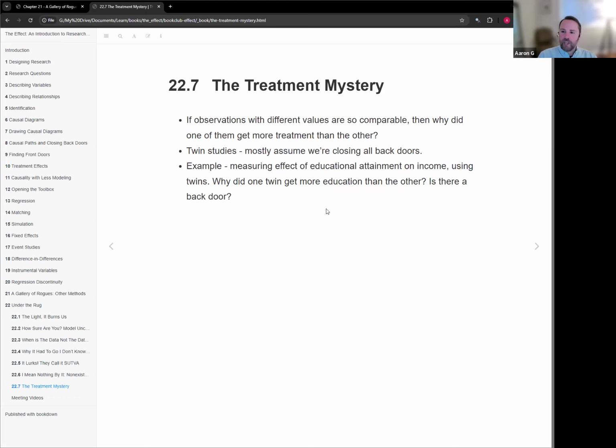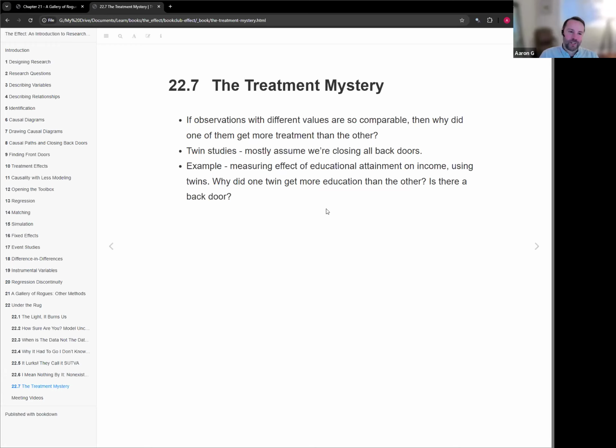But then you have to ask yourself, well, if these observations really are comparable, then why did group A get the treatment and group B didn't? Have we really aligned these two populations correctly, right? Is there some lurking variable or unobserved confounder that we just don't know about?